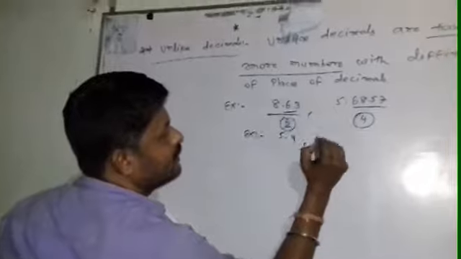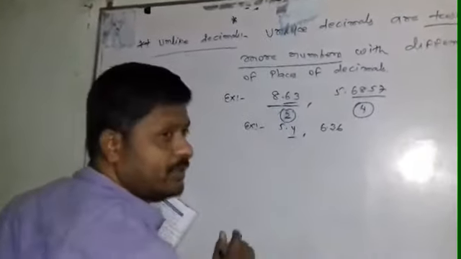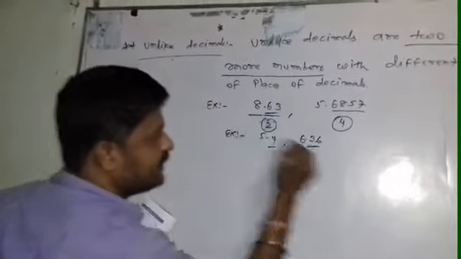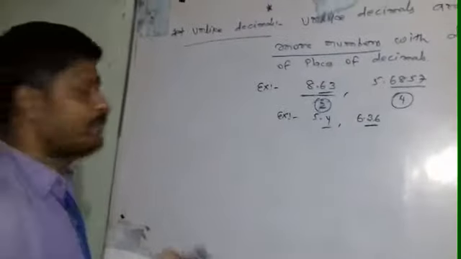The second example is 5.4 and 6.36. Here only one digit exists after the decimal, but here two digits exist after the decimal. So this is in unlike decimals.